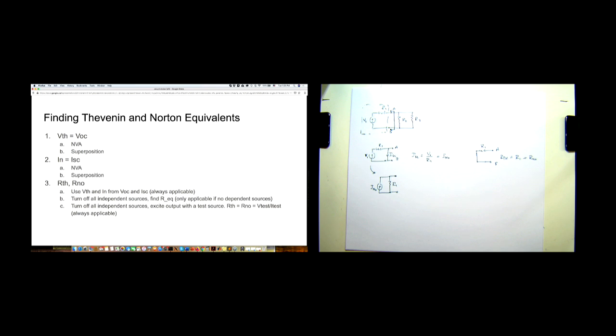Then there are a bunch of ways that you can find R Thevenin and R Norton. You can divide VThevenin by I Norton and find these two resistances. R Thevenin is equal to R Norton. Let me clarify that. Or you can turn off all independent sources and find the equivalent resistor using some of the techniques that we have seen previously.